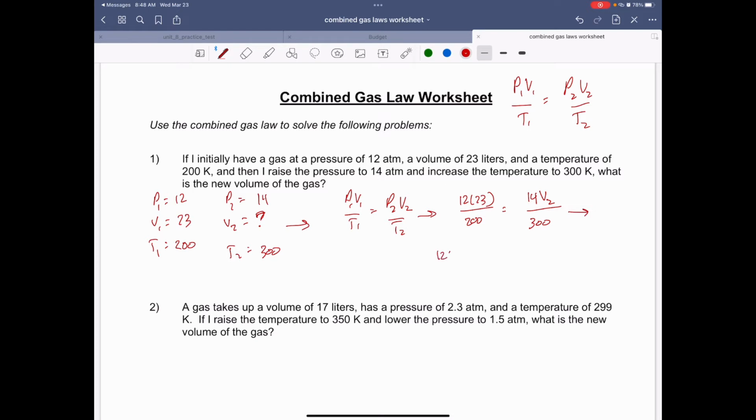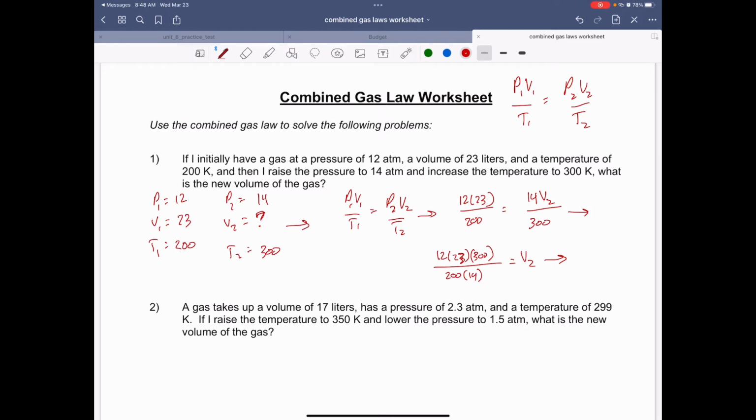So it's going to be 12 times 23 times 300 all over 200 times 14. That is V2. And now it's calculator time. So 12 times 23 times 300 divided by parentheses 200 times 14 end parentheses.